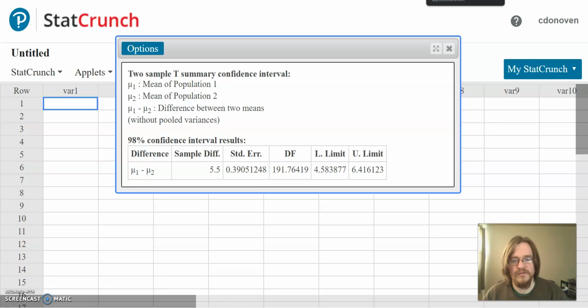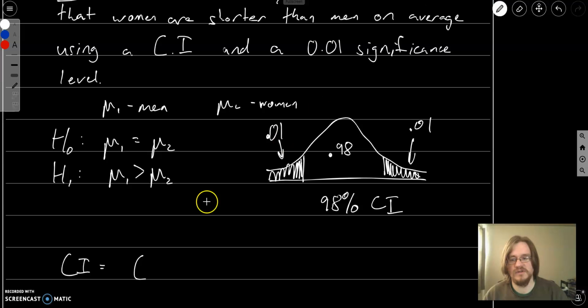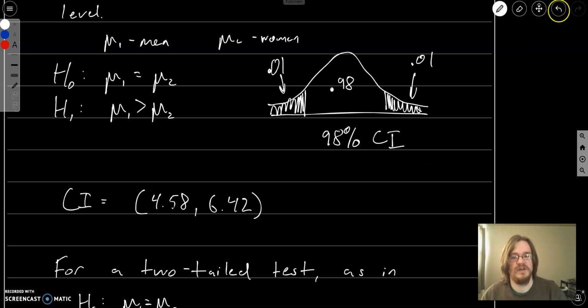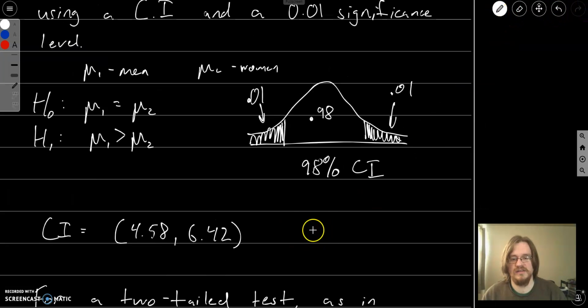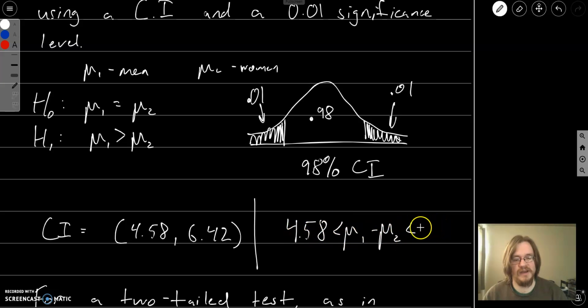So let's come back here, and our confidence interval was from 4.58 up to 6.42. So writing this again using this notation, this would mean that the difference between mu1 and mu2, as in mu1 minus mu2, is going to be somewhere between 4.58 and 6.42.